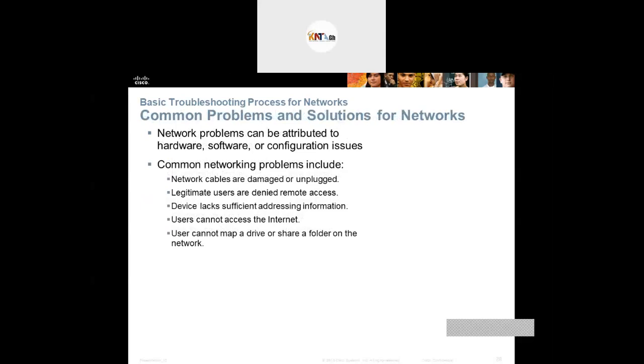Now, network problems can be attributed to hardware, software, and configuration issues. So some of the common networking problems could be issues that have to do with networking cables that are damaged or unplugged. You can have legitimate users that are being denied access or denied remote access.